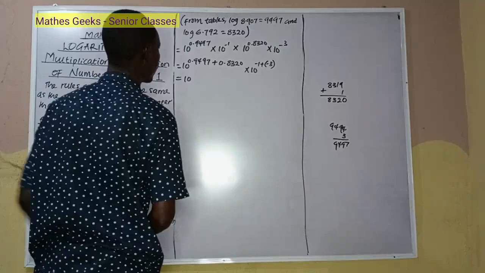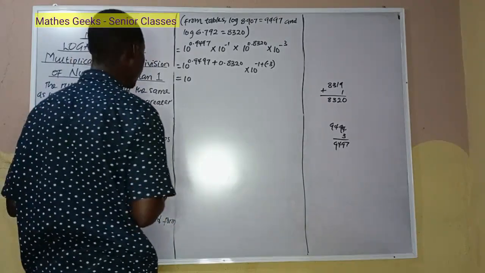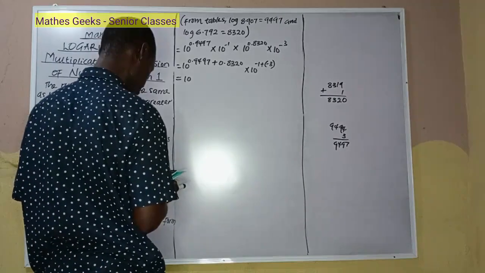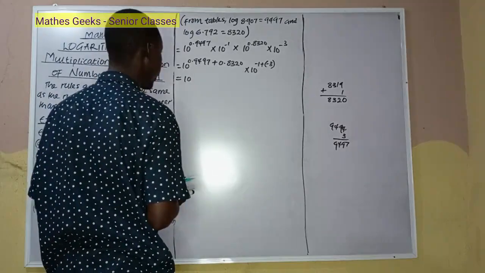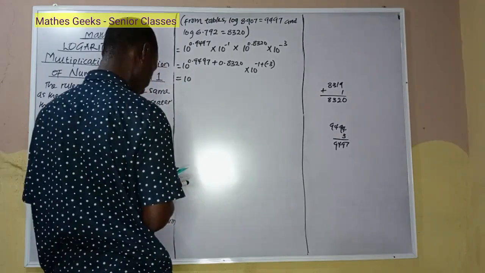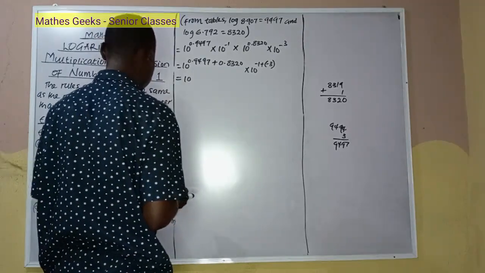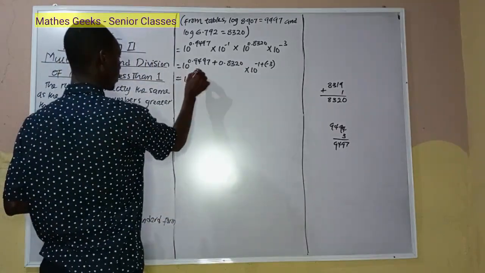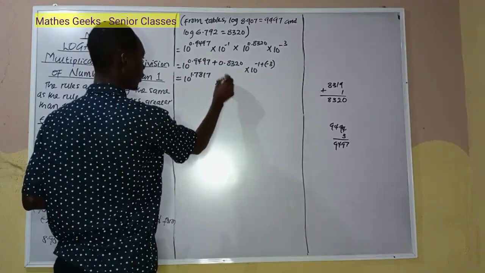Let me add these two together: 0.9497 plus 0.8320 gives 1.7817.